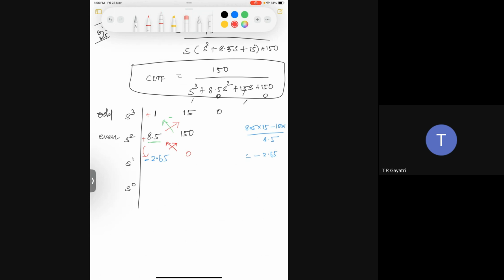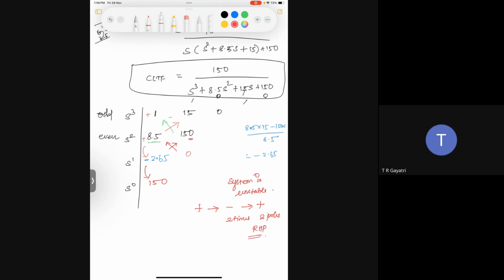Since this is 0, whatever coefficient is here will come here. Again, one sign change happened, from minus to positive. In general, the system is unstable just because one sign change happened, but here the sign changes from positive to negative one time, negative to positive one time. Two times the sign changes, so two poles are in the right half of the S plane.